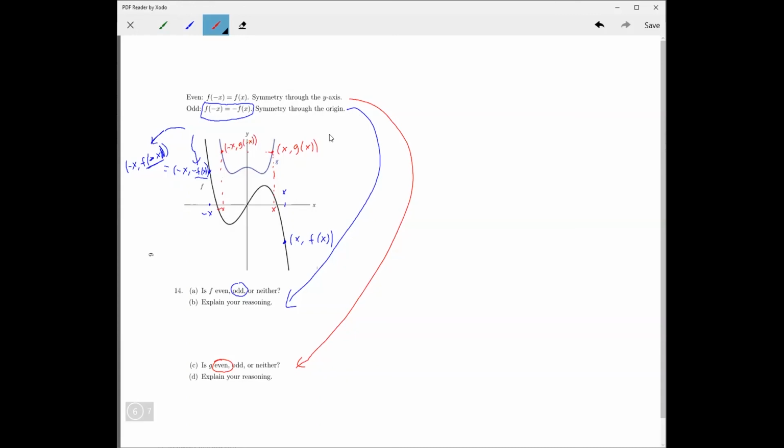But they're at the same horizontal level, so that's the same as g of x. Equating these two is just this, but with the g. So g of negative x is equal to g of x. Okay, so that's odd and even functions.